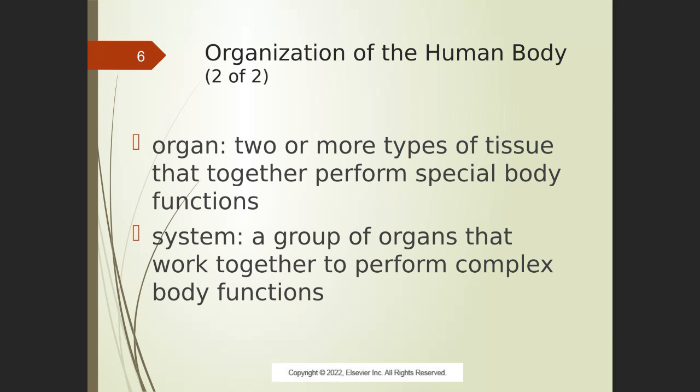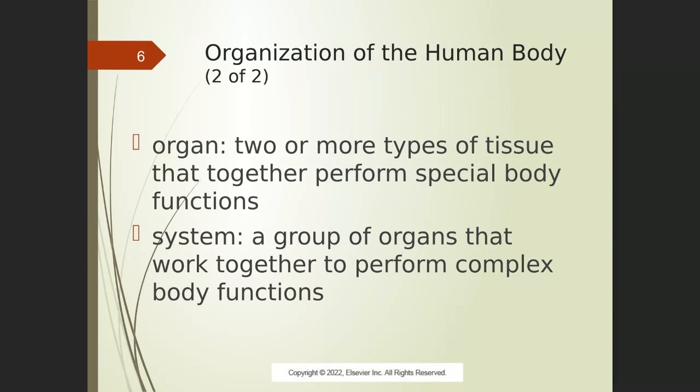So that's two or more types of tissue that together perform special body functions. Once a variety of organs work together for a similar function, then it becomes a body system, a group of organs that work together to perform complex body functions. So once you have all of these systems working together, then we have the organism.